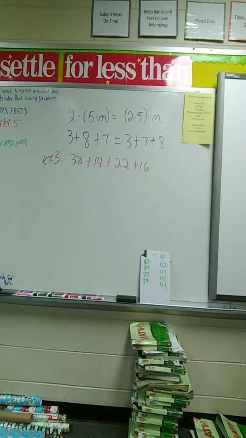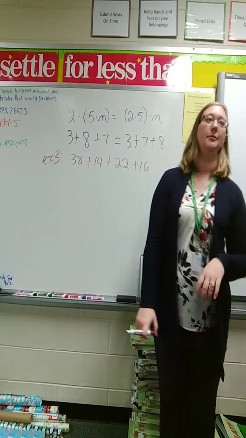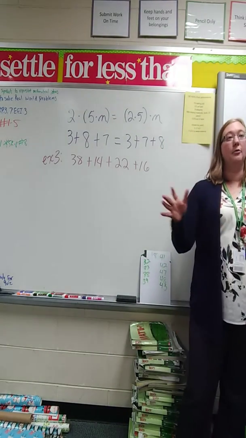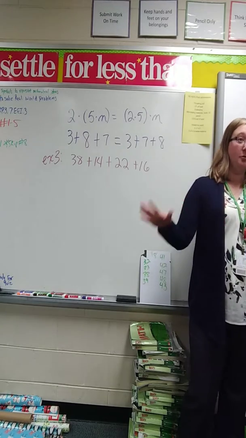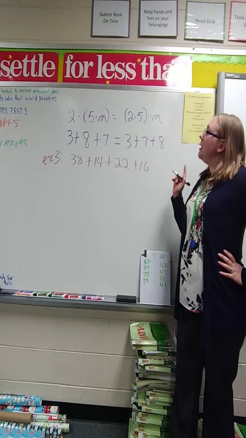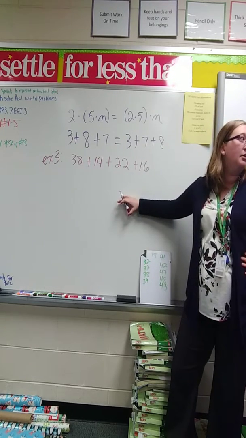If we don't have a calculator because Elena's mom took her cell phone, so she doesn't have her handy dandy cell phone calculator, she doesn't have a calculator because she's at the store. What can we do to make this easier to solve in our head?